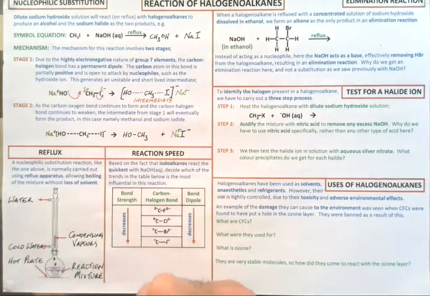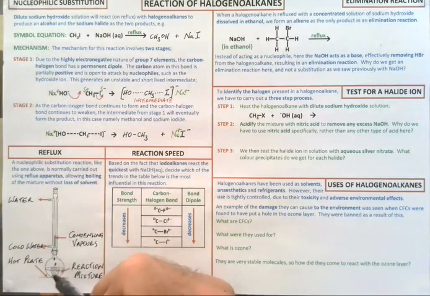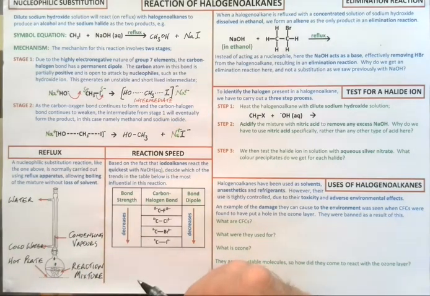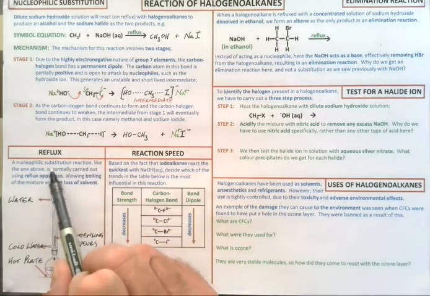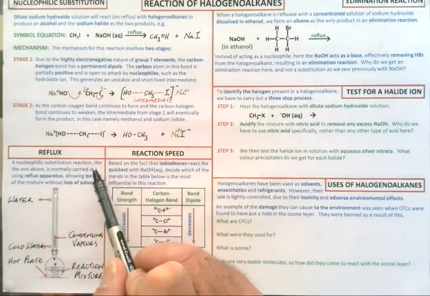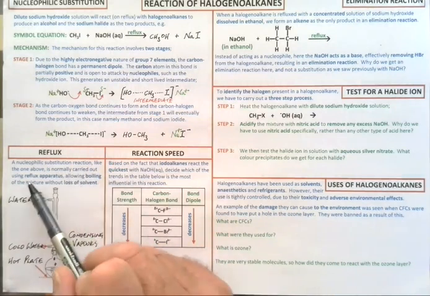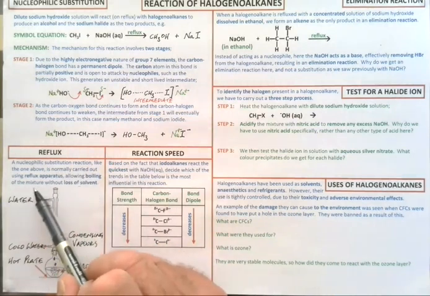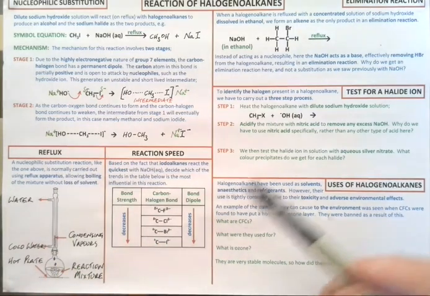You can be heating that up as long as you like, and you're not going to lose any of your organic compounds. Whereas if you didn't have the condenser there, the organic compounds would just go up into the air and leave your flask. So that's refluxing. A nucleophilic substitution reaction like this one is normally carried out using a reflux apparatus, allowing boiling of the mixture without loss of the solvent.